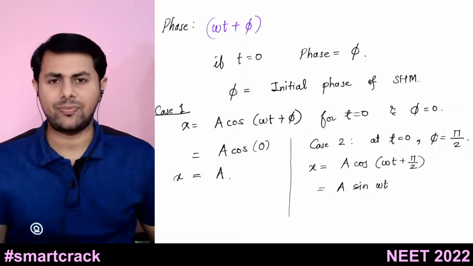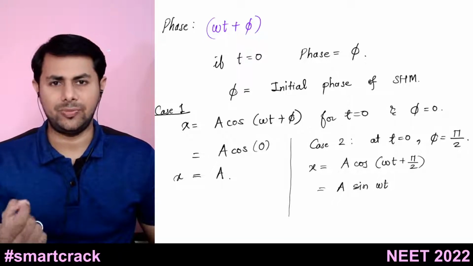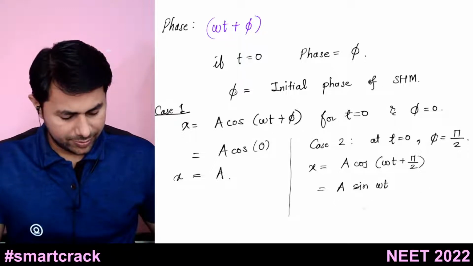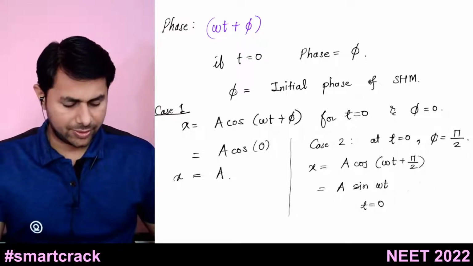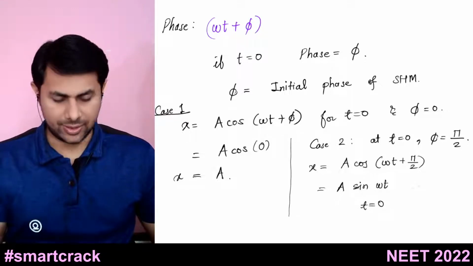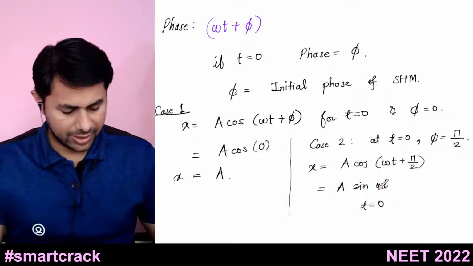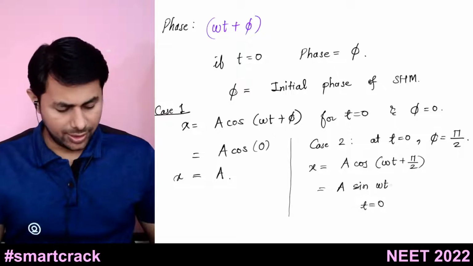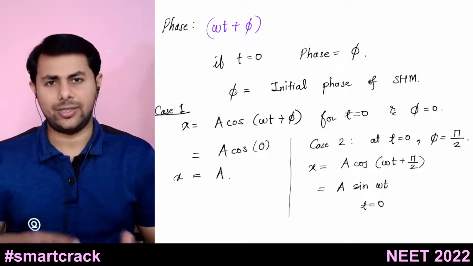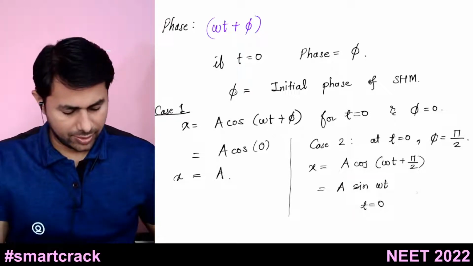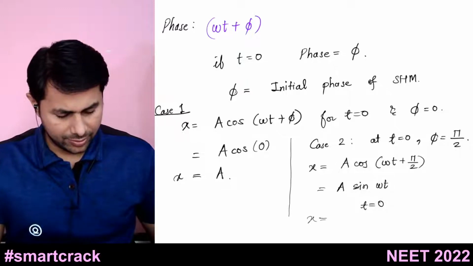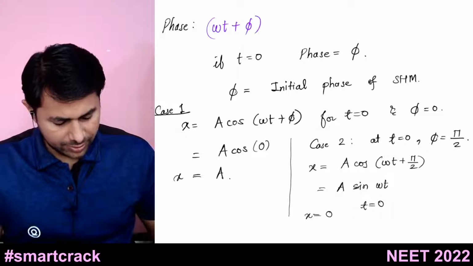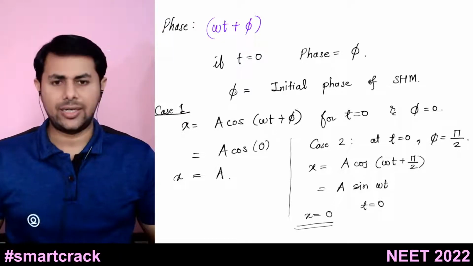It means that your particle starts from the mean position. Now substitute t equals to 0. Omega t is 0, so you have sine of 0, which is 0, and 0 multiplied by a is also 0, so x is equal to 0. So your particle starts from the mean position.